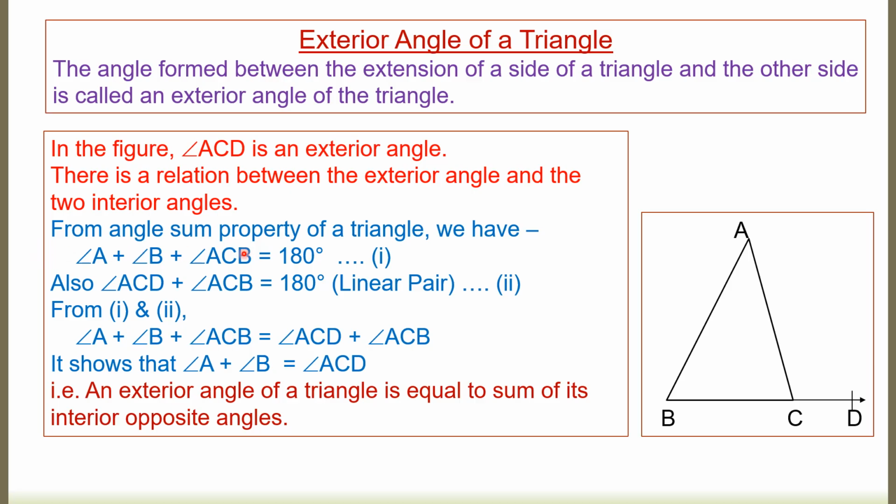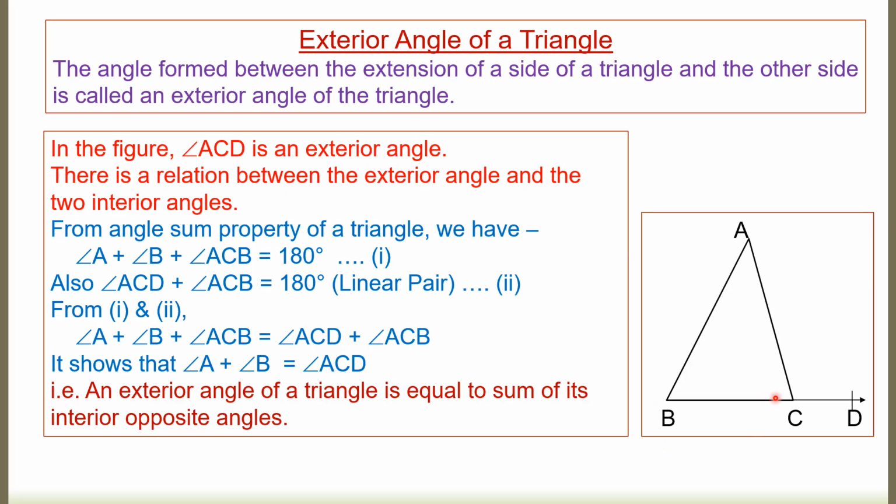You will learn how to proceed. From the angle sum property of a triangle, we have this angle plus this angle plus this angle equal to 180 degrees. These three angles make 180 degrees. Mark it as 1. Now, angle ACD plus angle ACB form a linear pair.